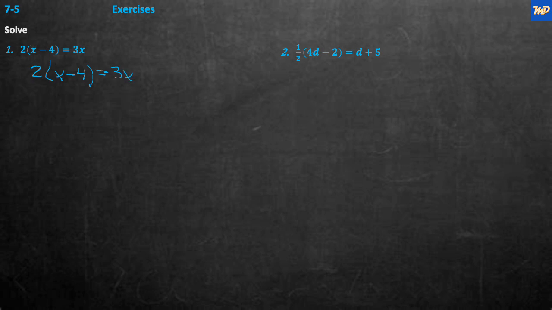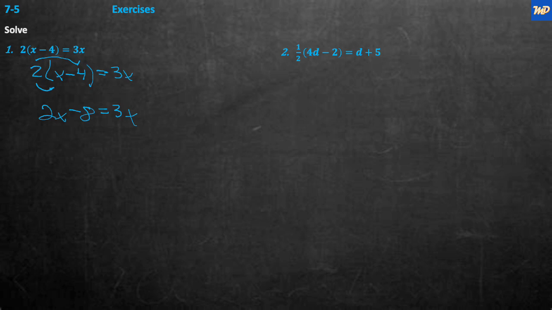Okay, so we're going to multiply out the distributive property part of the problem. So 2 times x is 2x, minus 2 times 4 is minus 8, and that equals 3x. So we have to move the minus 8, or we can leave it here, and we're going to take the 3x and move it to the left side. It almost doesn't matter, but one's 2 steps and the other one is 1 step.